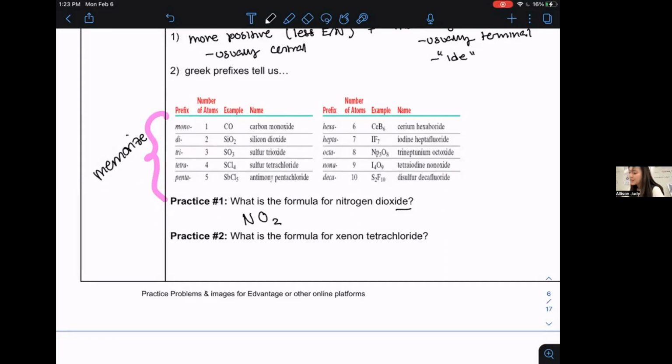Okay. What is the formula for xenon tetrachloride? Whoa, tetrachloride. Go ahead and try that one on your own. Also, some of you probably noticed right away that we have a noble gas. And that's weird because noble gases are supposed to be inert. Well, there's something really special about this noble gas.